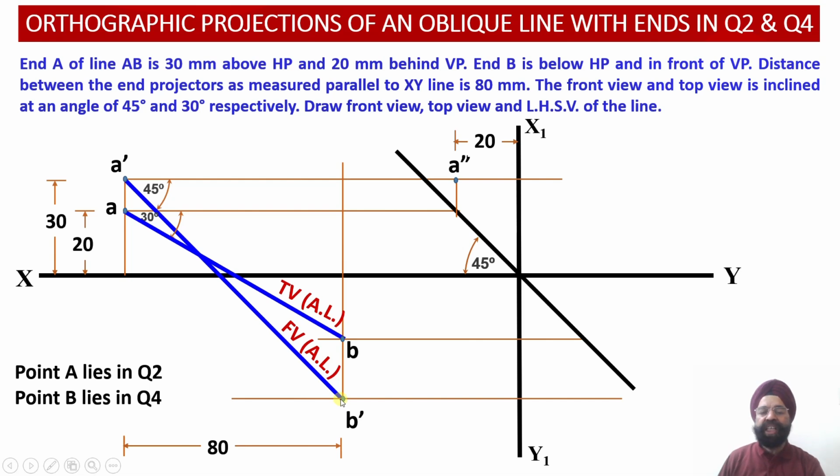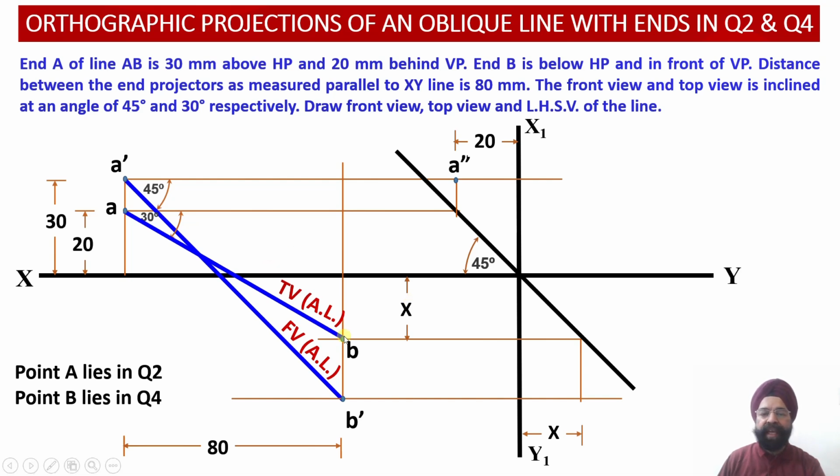Now we have to transfer the distance of the point B from the vertical plane into the profile plane orientation over here. We know that this is the distance of the point B from the vertical plane. Please check, this distance is x distance in front of the vertical plane, right?